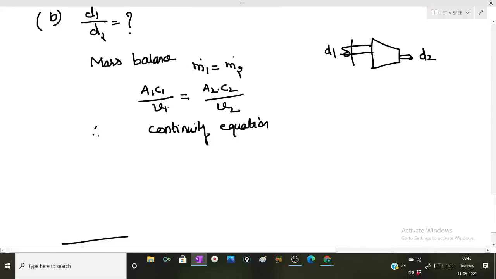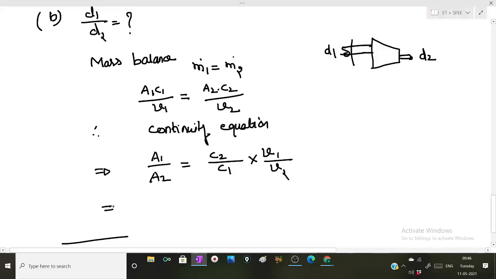Now further simplification will give me A1 upon A2 is equal to C2 upon C1 into small v1 over v2.